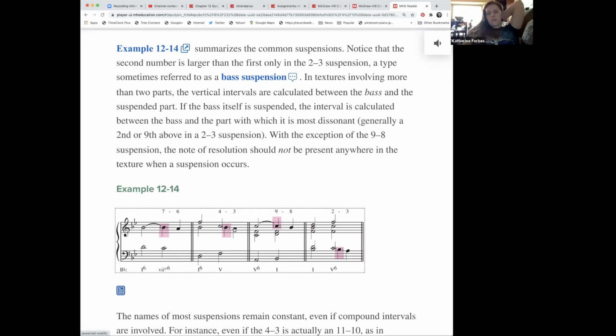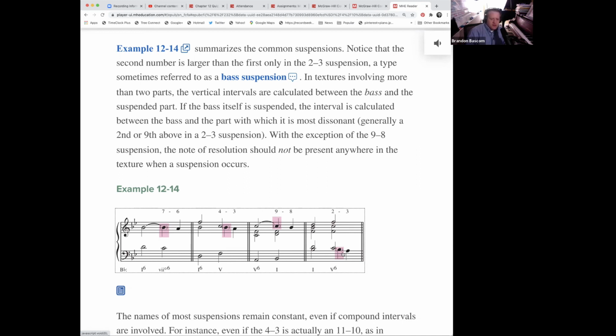Does that make sense? Yeah. What about, and it's in the bass? Yeah, so we have a 2-3 suspension here. So the non-chord tone with the parentheses resolves down.